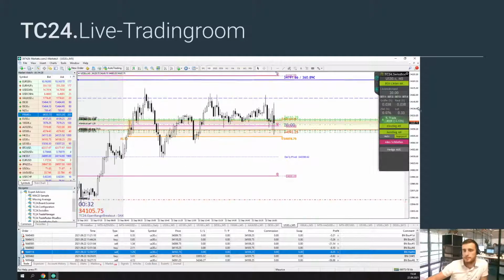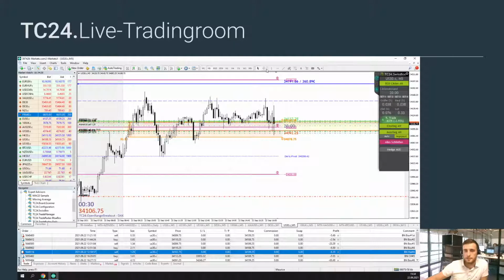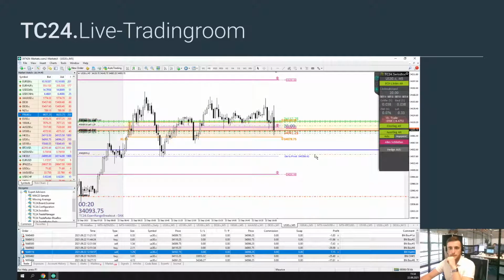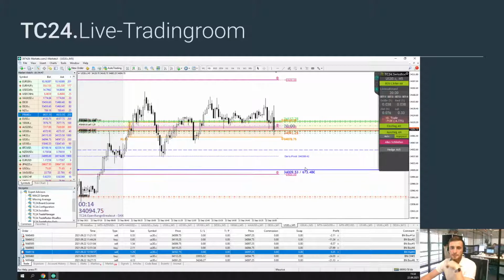Very, very slow opening. Lots of volatility in the market, as we can see from the candle. But what is going to be the outcome of this? Now we're into trade number 10.